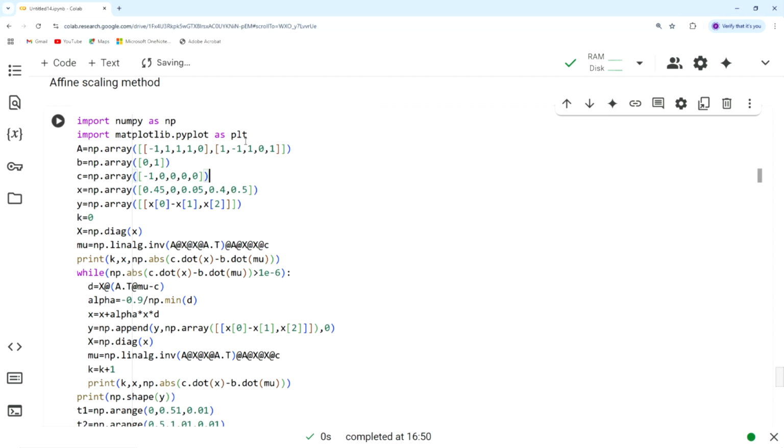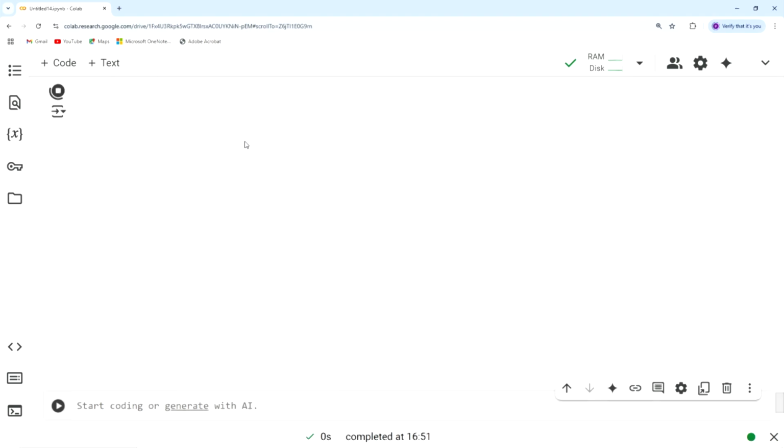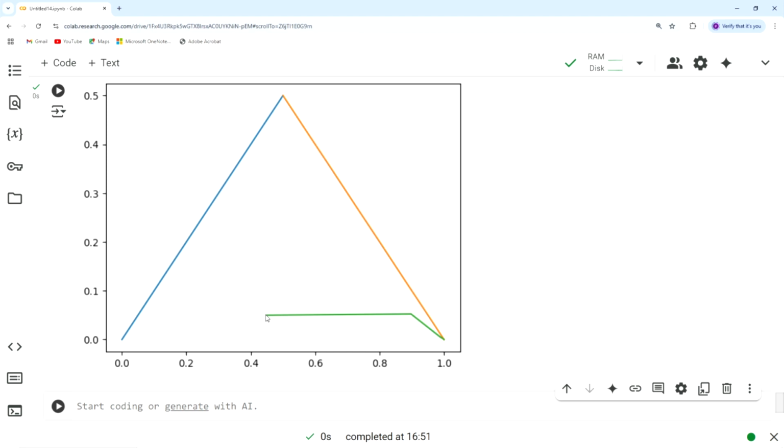The answer is 1 comma 0, no questions on that. Let us see how the trajectory behaves now. It moves parallel to the horizontal line where x2 equal to 0, and then moves to 1 comma 0.